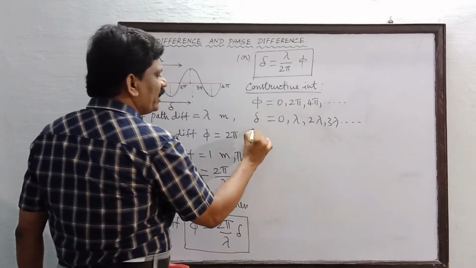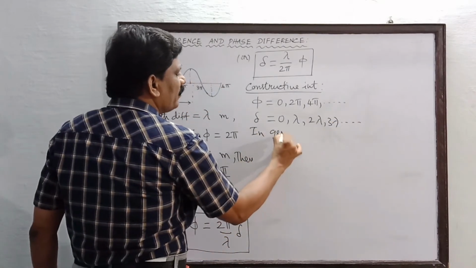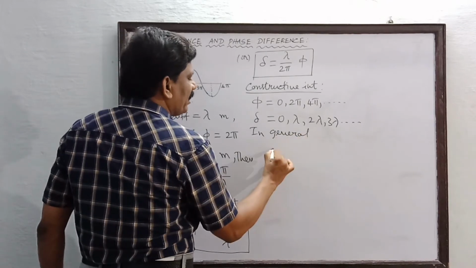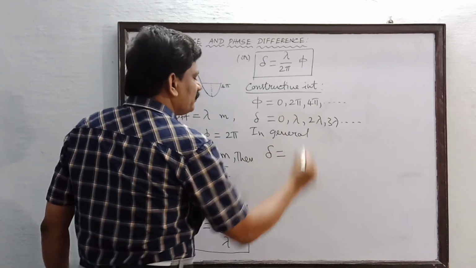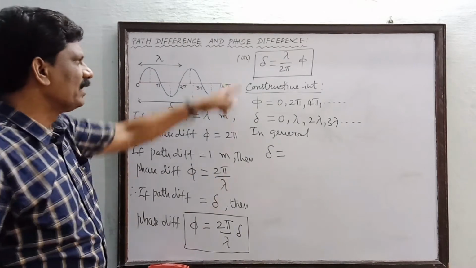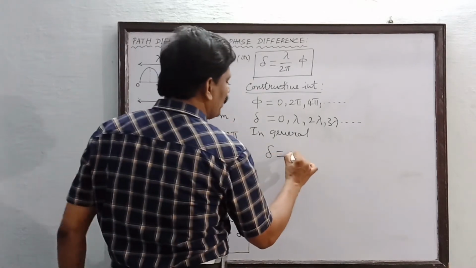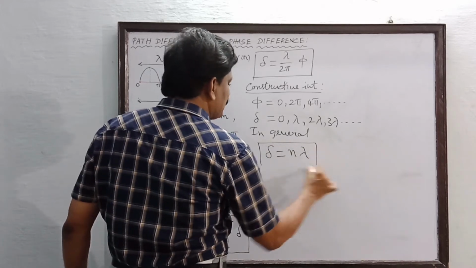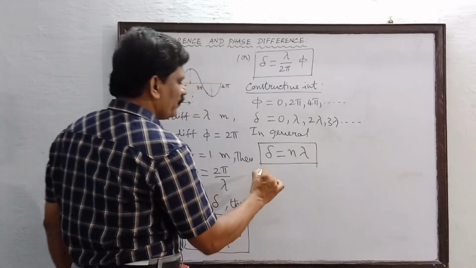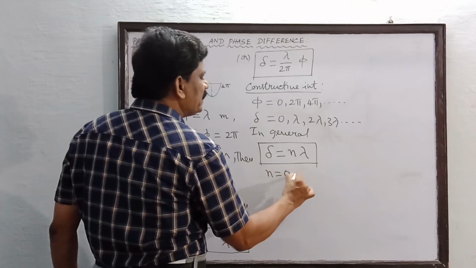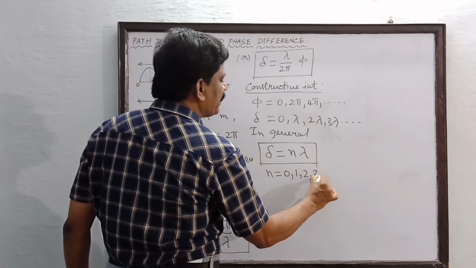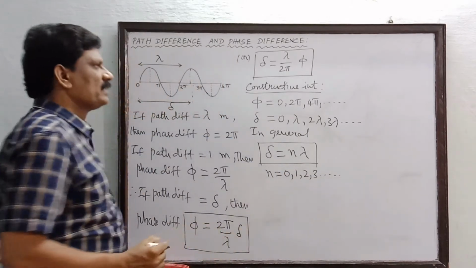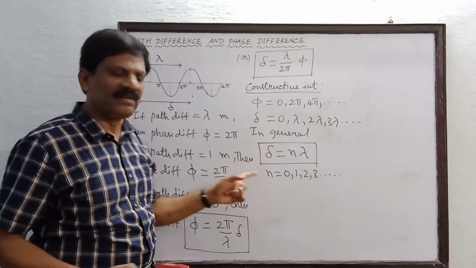In general, for constructive interference, path difference delta must be equal to integer multiples of the wavelength. So this is n lambda, where n is equal to 0, 1, 2, 3, etc. This is the condition for constructive interference.